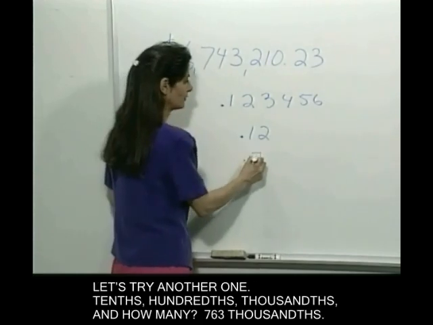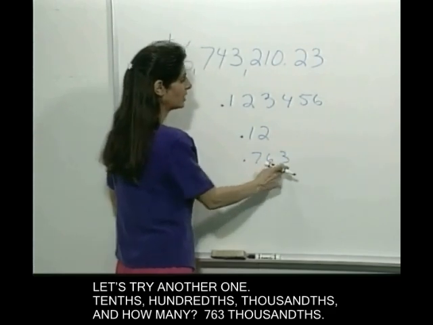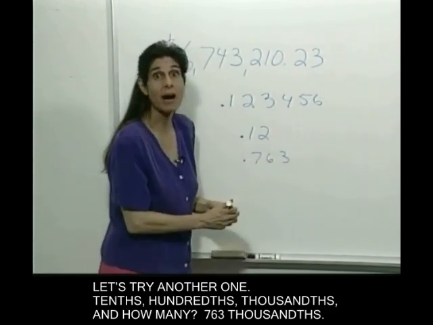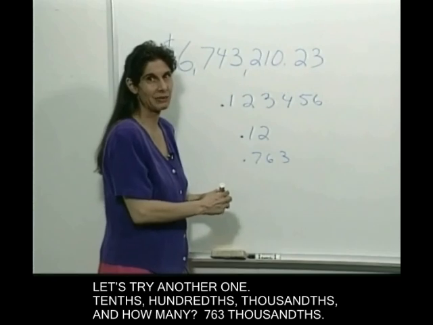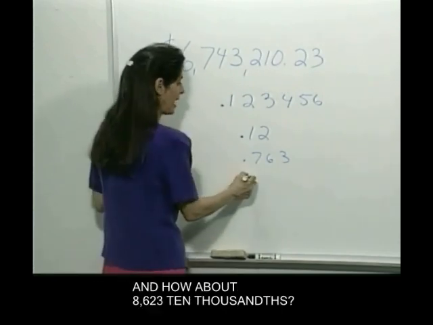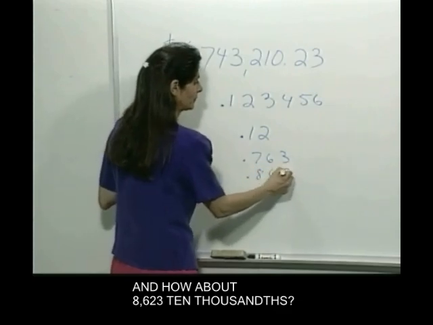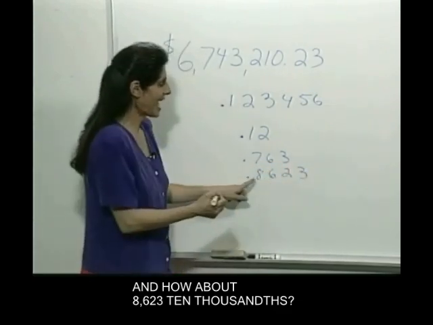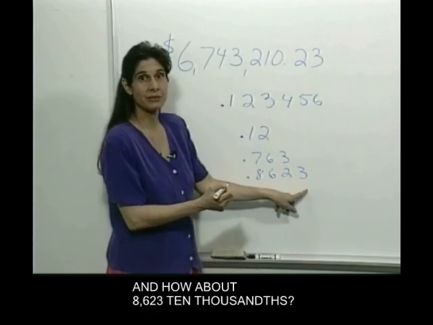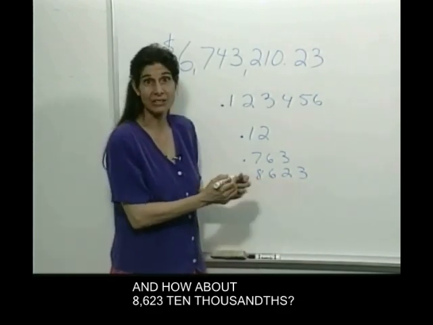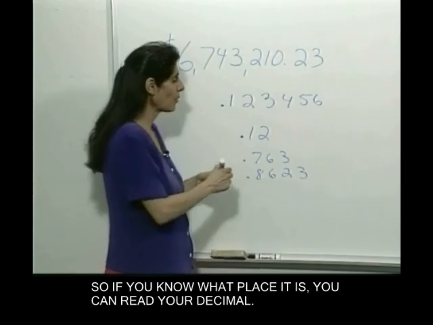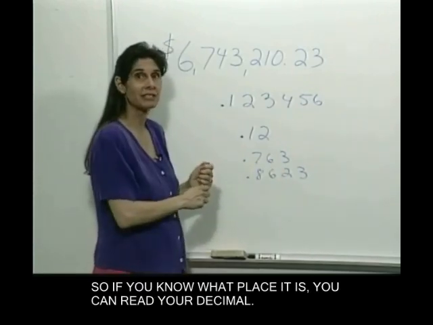Let's try another one. Tenths, hundredths, thousandths. And how many? 763 thousandths. And how about 8,623 10,000ths? So if you know what place it is, you can read your decimal.